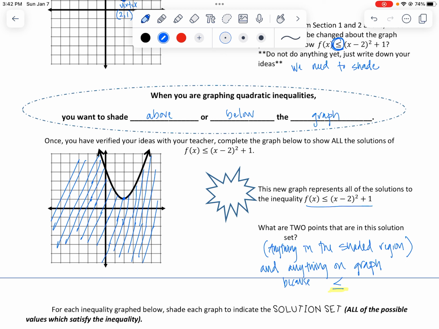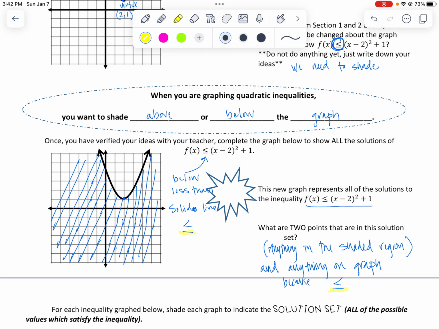Well, we need to shade the area that is below the graph, because all of my solutions will occur below the graph because it says less than. I'll have a solid line for my graph because it is less than or, you guessed it, equal to. So that equal to is what makes for a solid line.